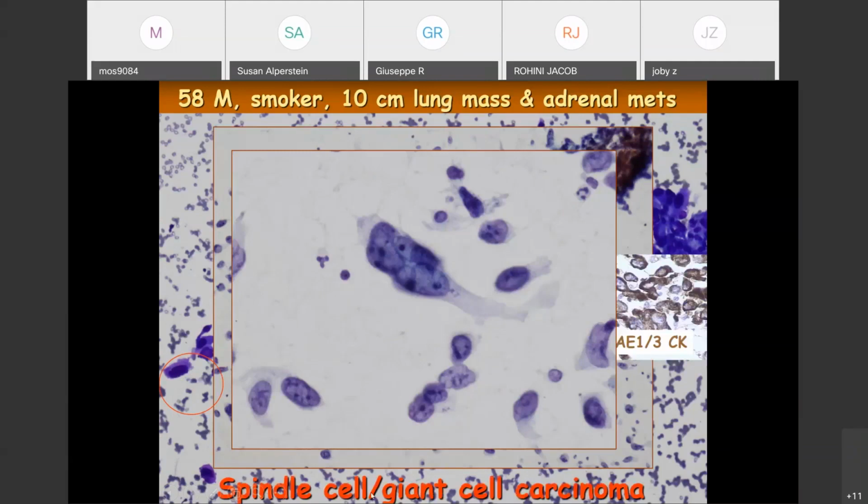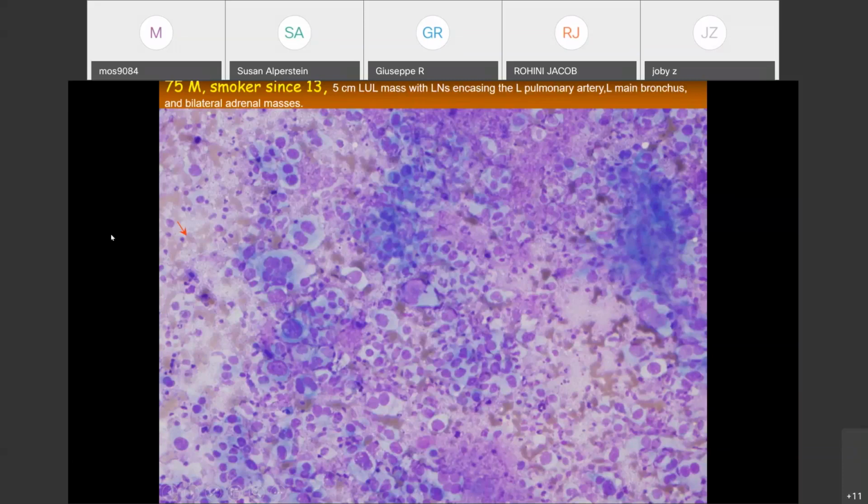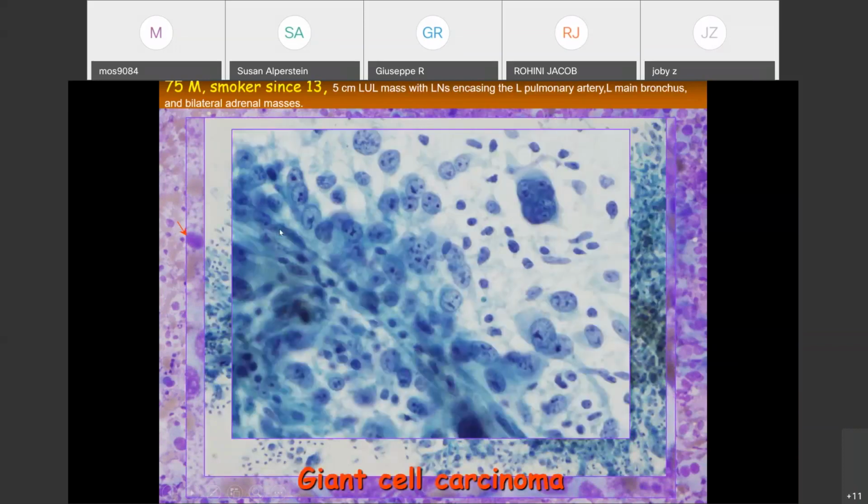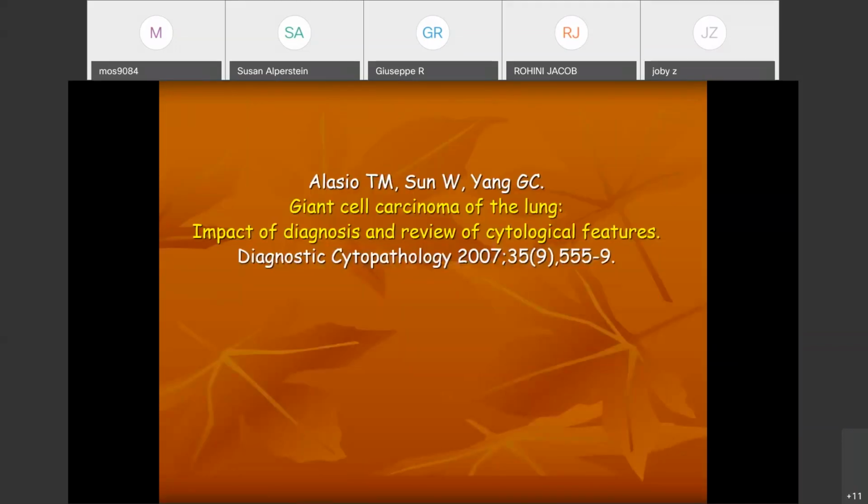So it's spindle cell giant cell carcinoma. Smoker with lung mass, and then adrenal mass, numerous giant cells. Giant cell carcinoma. And so the fellow and I wrote this up ages ago when you were babies.